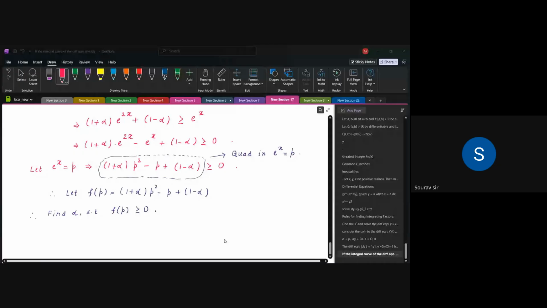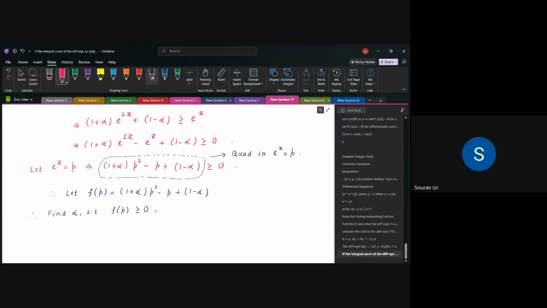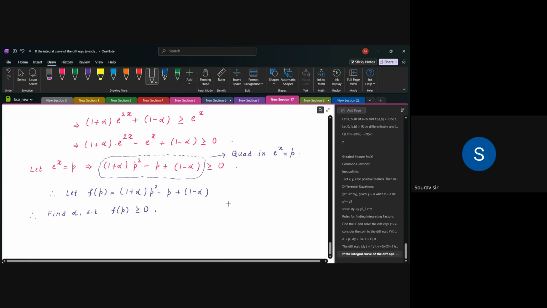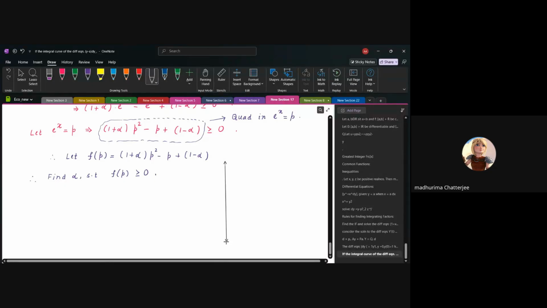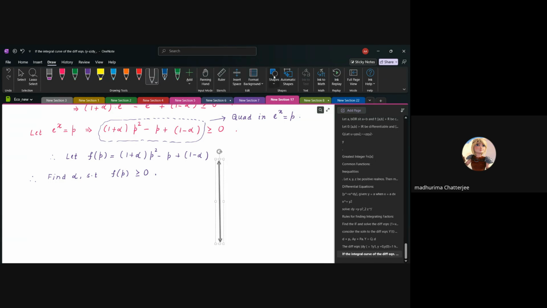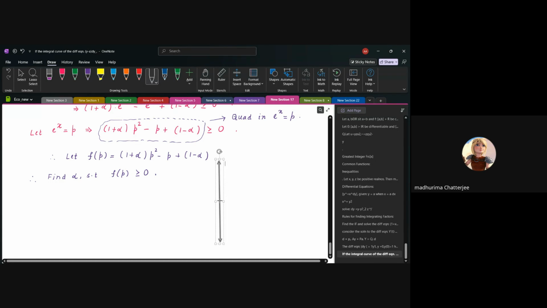Now, if you remember one thing, for any quadratic, I have taken f of p here, so that is fine. How does the graph of a quadratic look? The coefficient of p square will be positive and the discriminant should be imaginary, giving us imaginary roots.